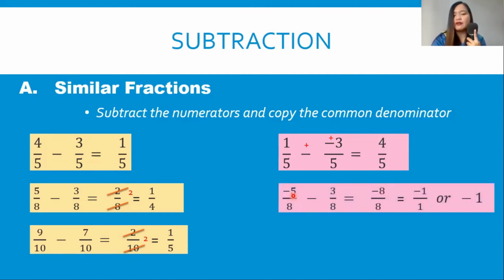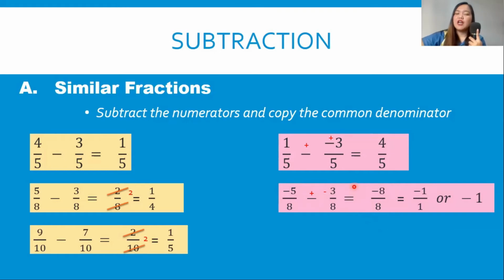Another example, negative 5 over 8 minus 3 over 8 equals negative 8 over 8. Why did we get that? Because we have to keep the first part, change the operation to plus or addition, and then change this one to negative 3.